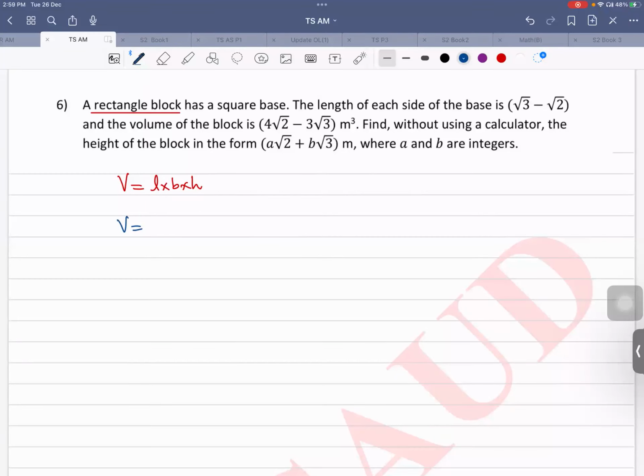So in place of volume, I am placing the volume. Length multiplied by breadth will be square root 3 minus square root 2 multiplied by square root 3 minus square root 2.